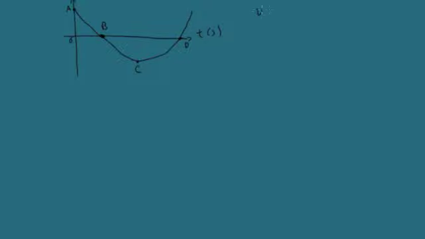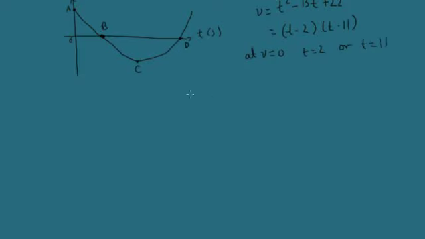Suppose we have v equal to t squared minus 13t plus 22. We can factorise that as (t minus 2)(t minus 11). At v equals 0, t must equal 2 or t equals 11.